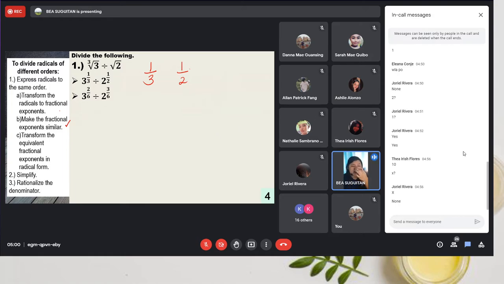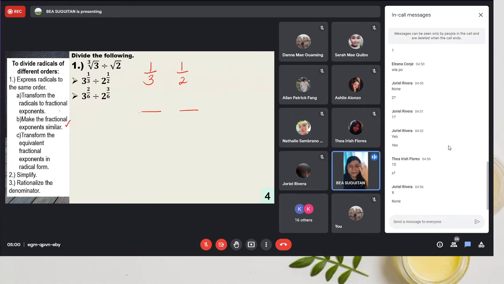What is the LCD or LCM of 3 and 2? Ano ang least common denominator ng 3 at 2?